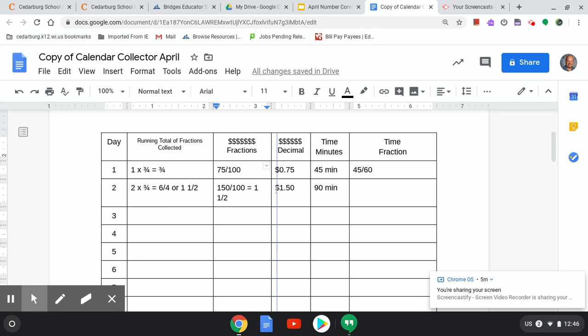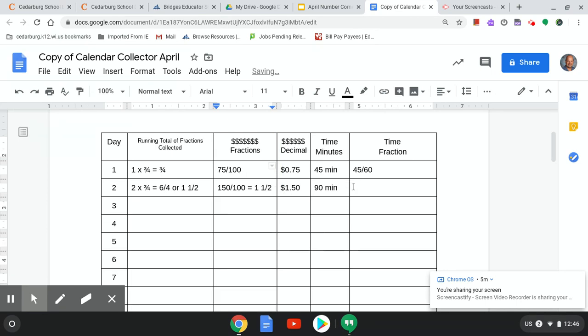There we go. So how would that look for time as a fraction? That would be 90 minutes over 60, and that's going to equal how much? 1 and 30 over 60. But we don't want to leave it 30 over 60, because we know 30 is a half of an hour. So 1 and 1/2 hours.